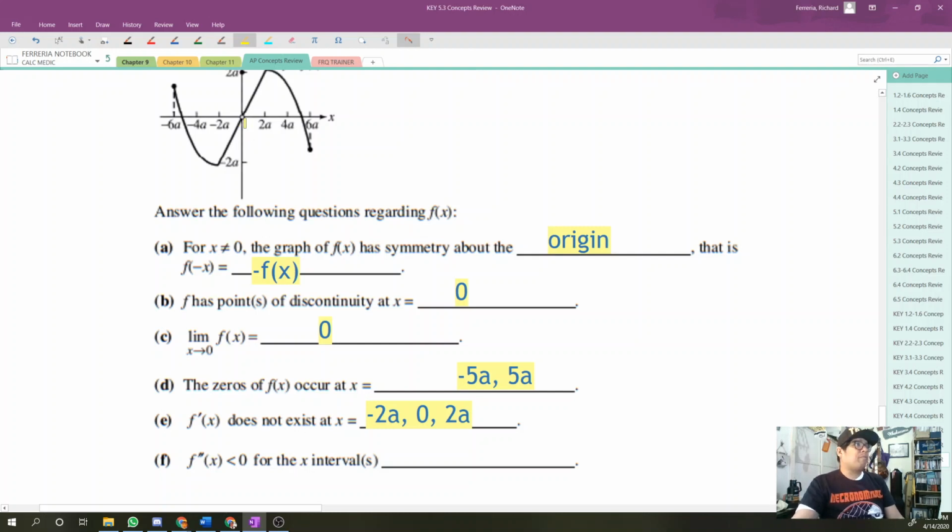Concave down is shaped like a frown. This is linear, so there is no concavity for that section right here. And this last section, this is the only place where I have concave down, shaped like a frown, right over there. So f double prime is less than 0 for the interval from 2a to 6.